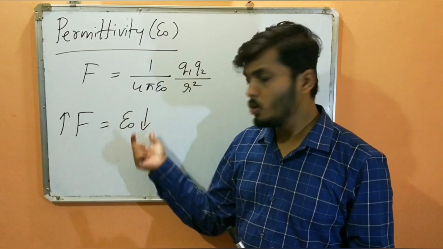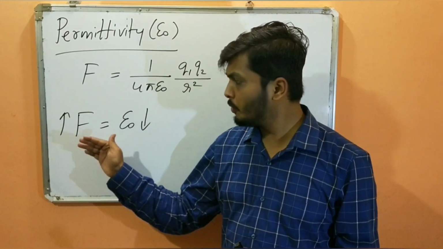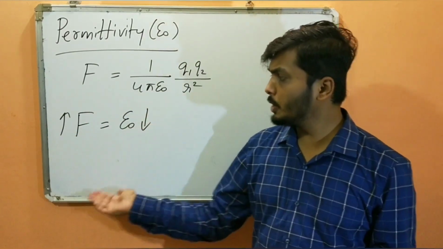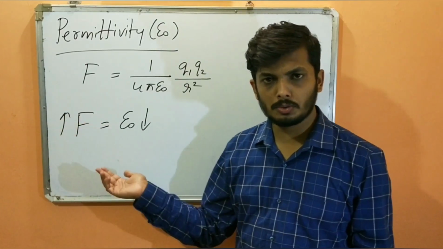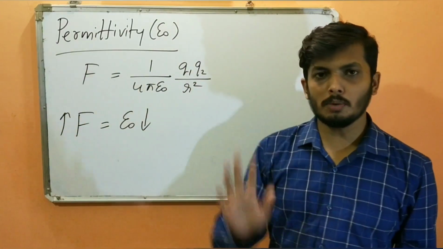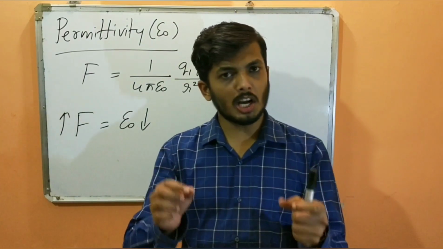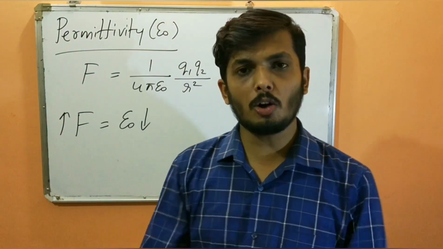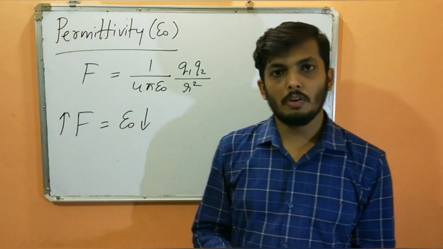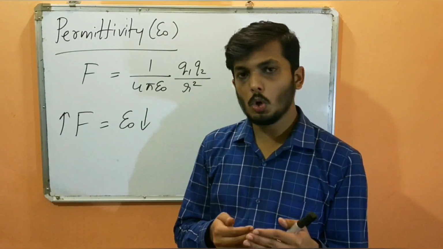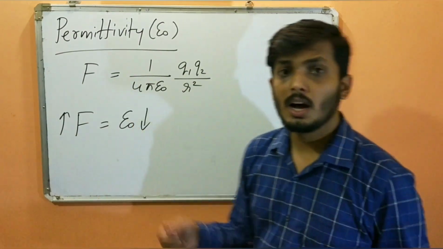The more the permittivity, the less the force, and the lesser the permittivity, the more the force. While studying Coulomb's law, we considered two charged particles placed in air or a vacuum, where there is less opposition.